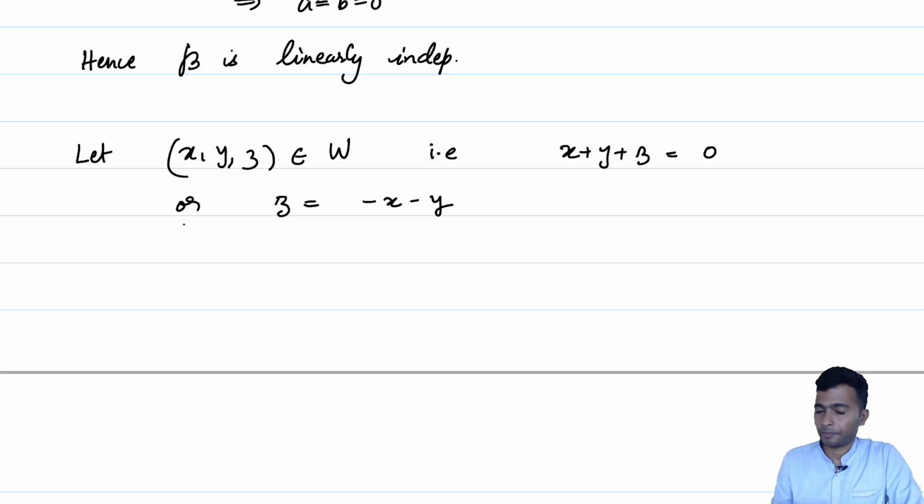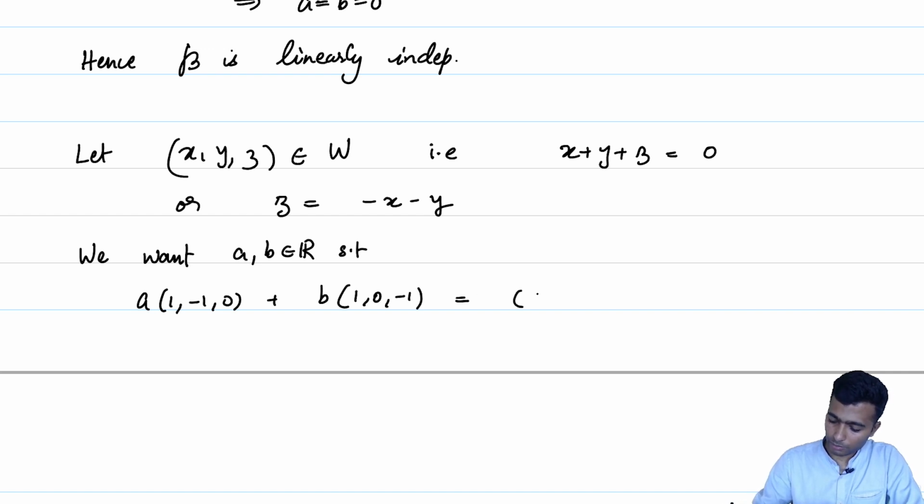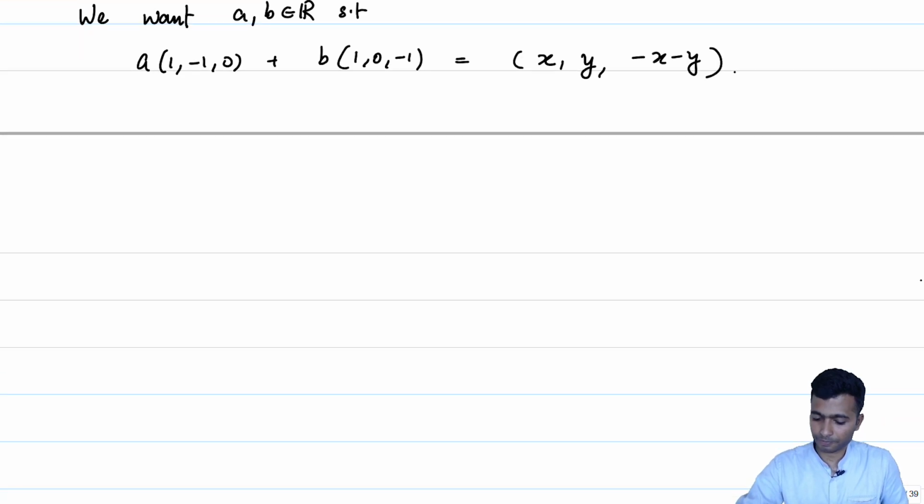So, to check that B is a spanning set, we want scalars A and B such that A times 1, minus 1, 0 plus B times 1, 0, minus 1 is equal to x, y, minus x minus y, just replacing z by minus x minus y, because we know that z is minus x minus y.